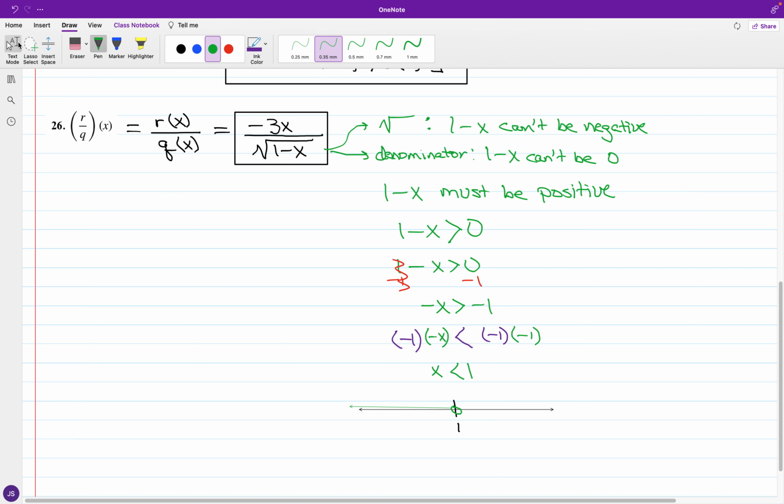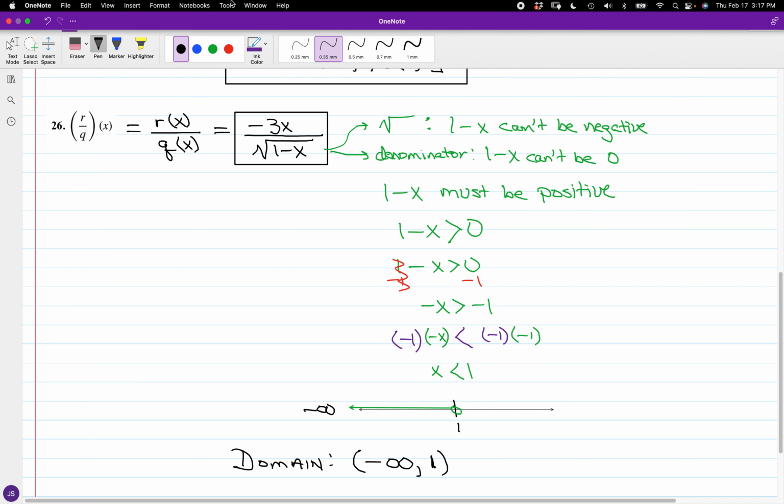Okay, so for this case, we're going to have for the domain, reading in order from left to right, going from negative infinity and approaching, but not including, the value of 1.